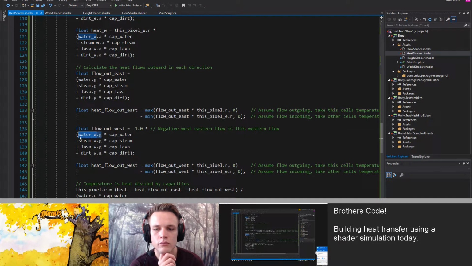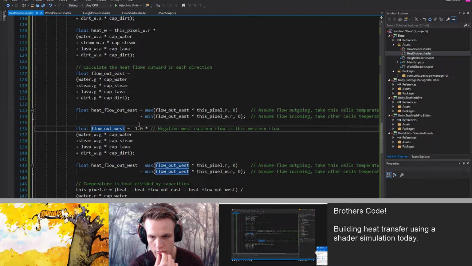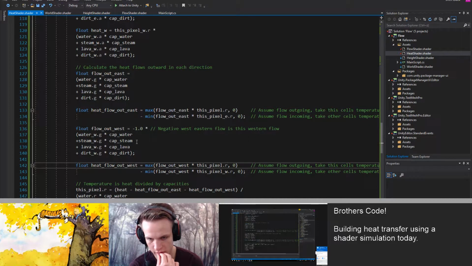So that's inflow. Outflow. Negative inflow is outflow. You'd think so. So this should be the outflow, and it should always be a positive value in these cases.